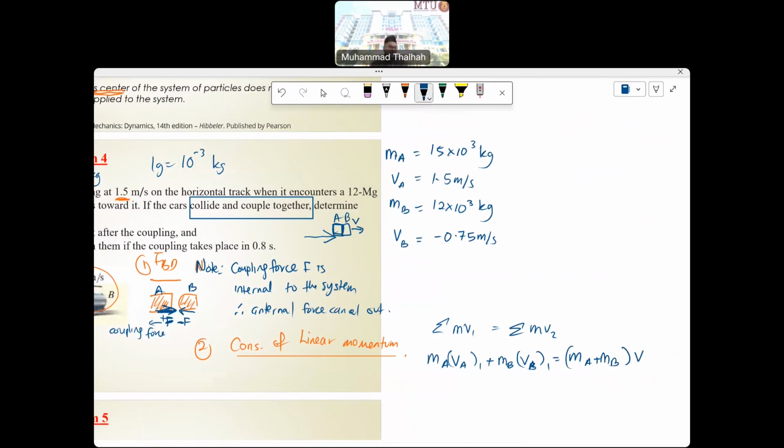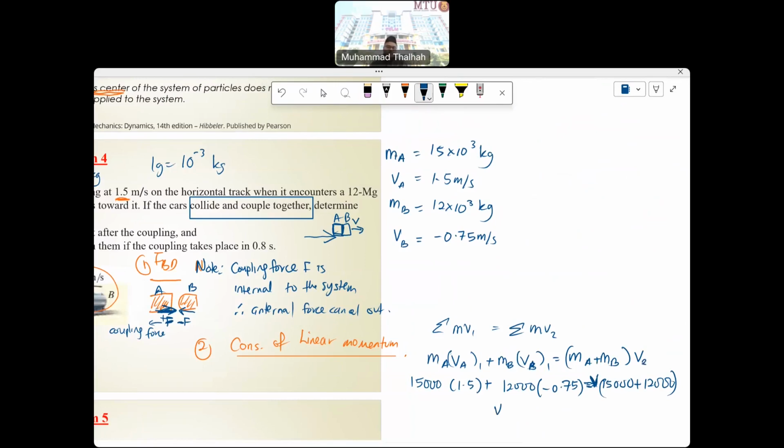So let's plug in the numbers, right? We have 15,000 times 1.5 plus 12,000 times negative 0.75 equals (15,000 plus 12,000) V, right?